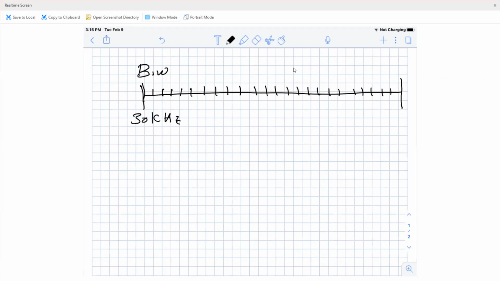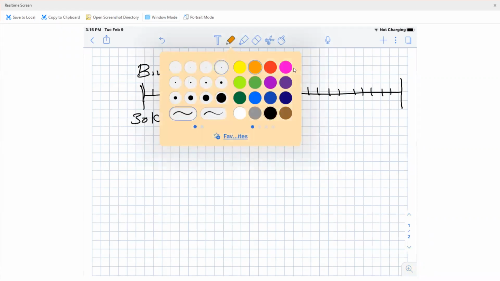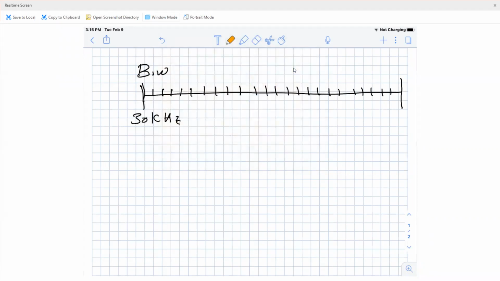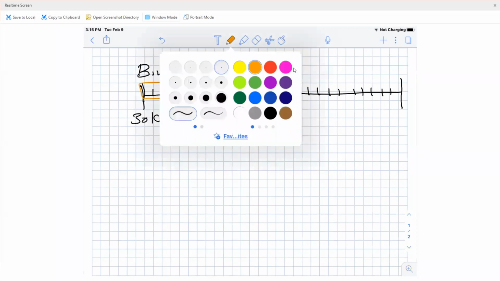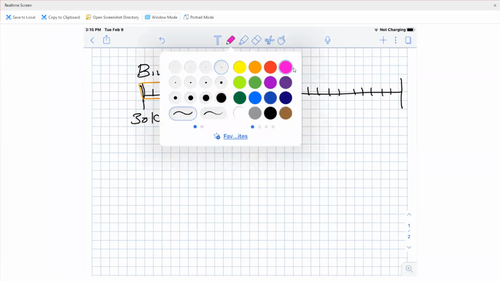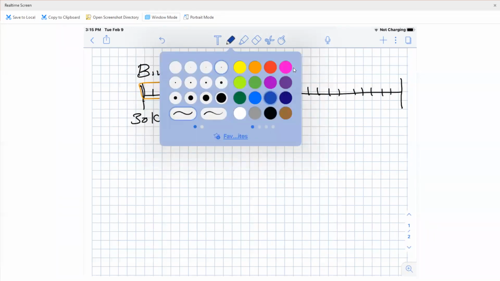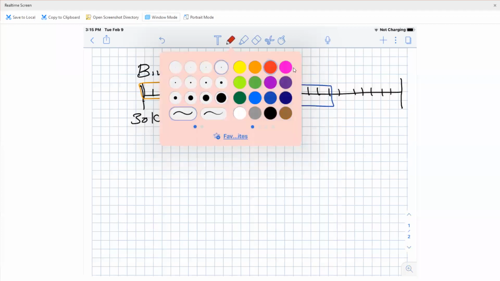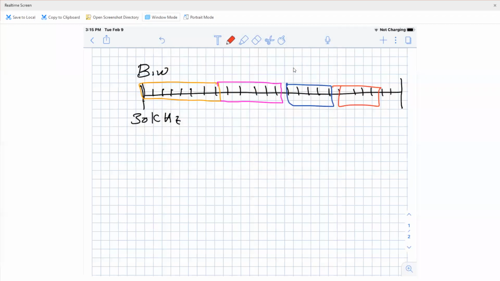Now, after dividing the whole bandwidth into channels, what we are going to do is take portions of the bandwidth. Okay, and so on. Now the bandwidth will be divided into portions.